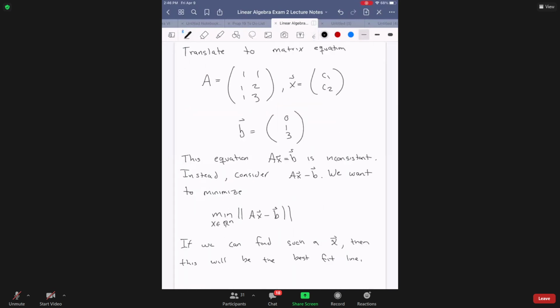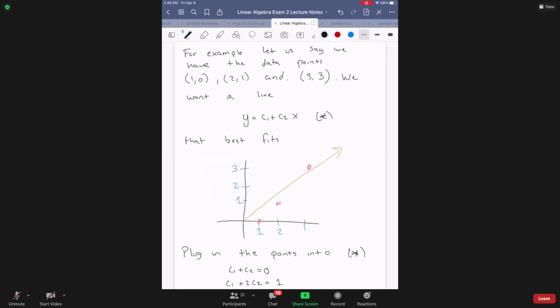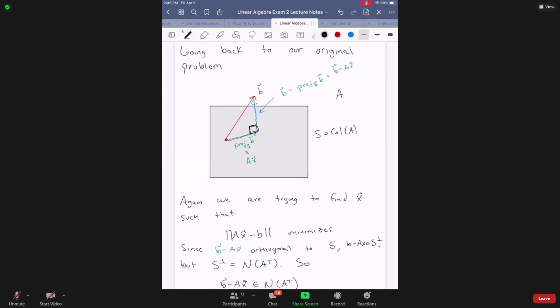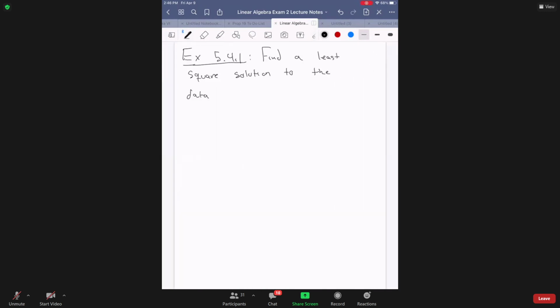We use this one. Okay, perfect. We're going to use basically this same example: 1, 0, 2, 1, and 3, 3. Okay, so we're going to find the best fit line for this.